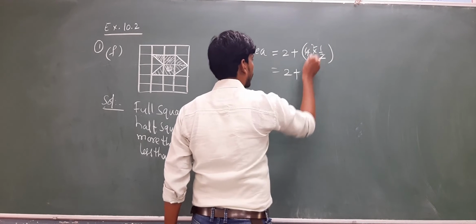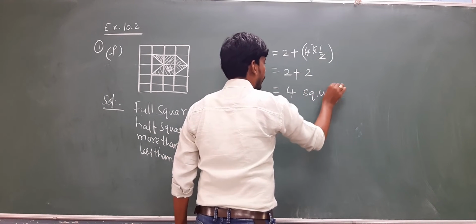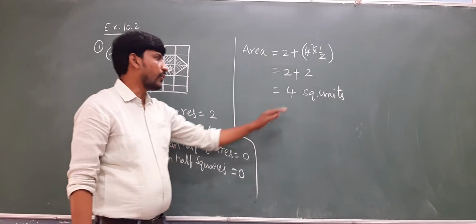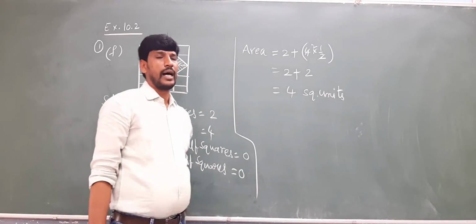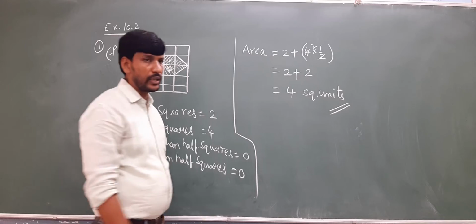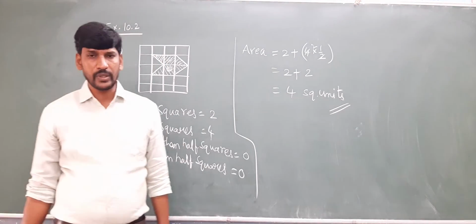Otherwise you can cancel the 2. Okay, 2 plus 2 is 4 square units. So what is the area of the shape here? The area of the given shape is 4 square units. I hope you understood how to find the area of an enclosed figure by counting the number of squares. Okay.